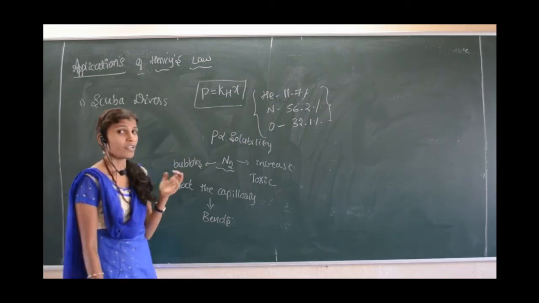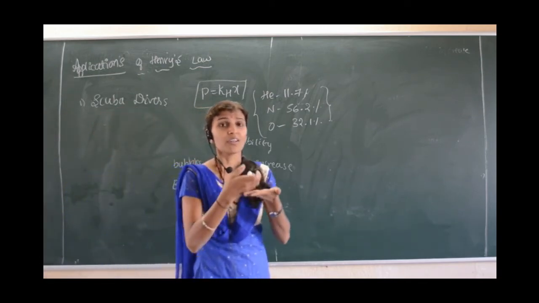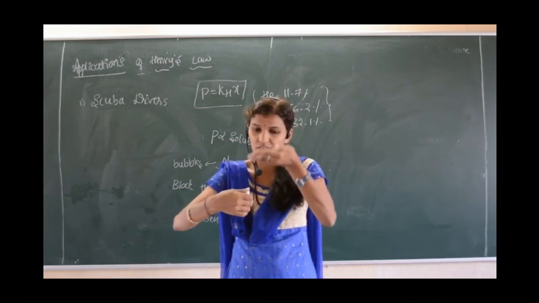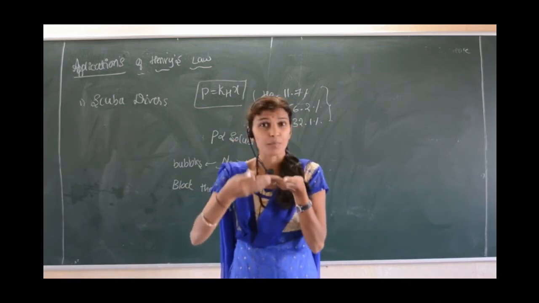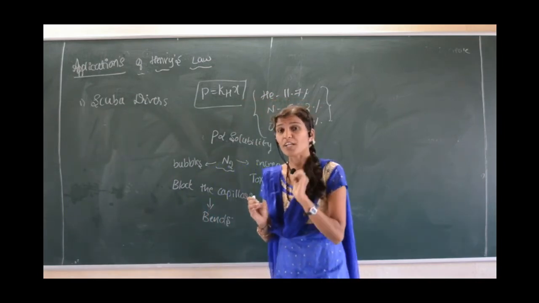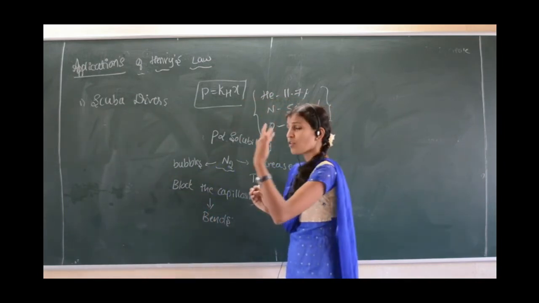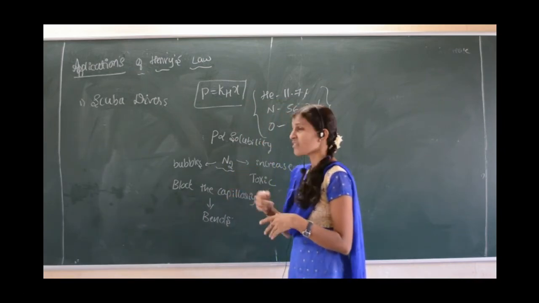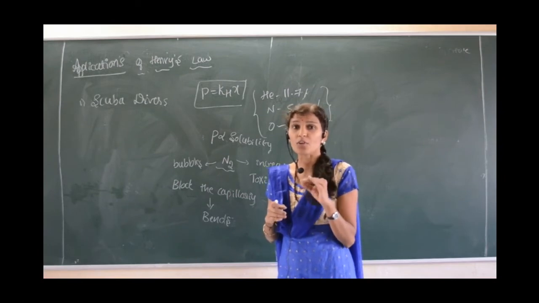See here, when the scuba diver goes inside the sea, there is an increase in the pressure. As the pressure increases, the solubility of nitrogen in the blood also increases. As the solubility of nitrogen increases, it becomes more toxic.